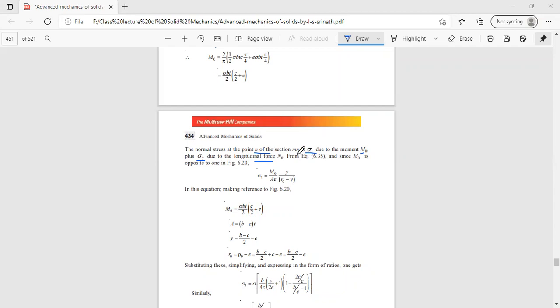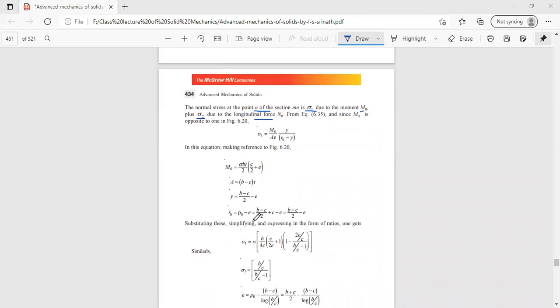From equation 6.35, and since M0 is opposite to that in 6.20, sigma 1 is equal to M0 by AE, equal to Y by sigma R minus Y. In this equation, M0 is equal to sigma BT divided by 2, C by 2 plus C. Now, if we simplify it further, the cross-section A is given as B minus C into T, and Y is also given as B minus C into T divided by E itself.